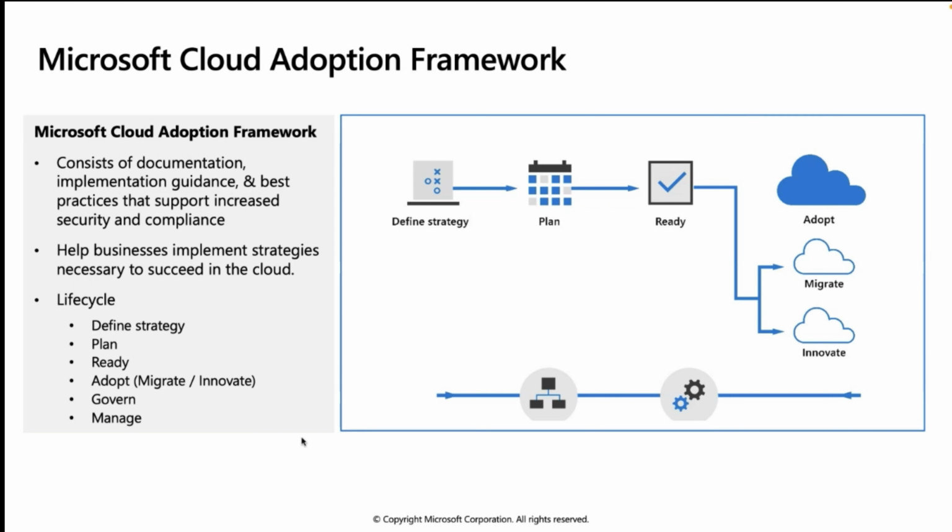It's just how you're going to manage it. So like any kind of adoption process, especially in terms of security, we need some kind of life cycle. And this is what we call the cloud adoption framework. So obviously define your strategy, plan it out, prepare for getting into the cloud. This might include, for example, opening up some test accounts or something like that.